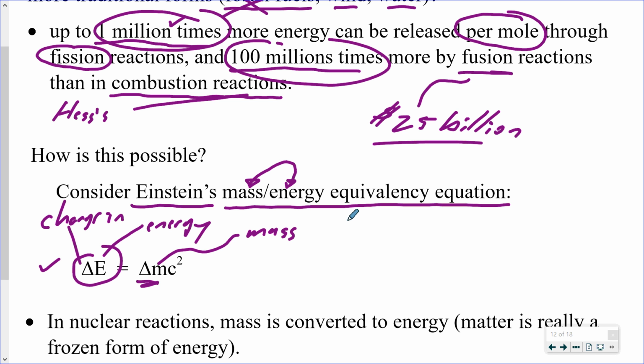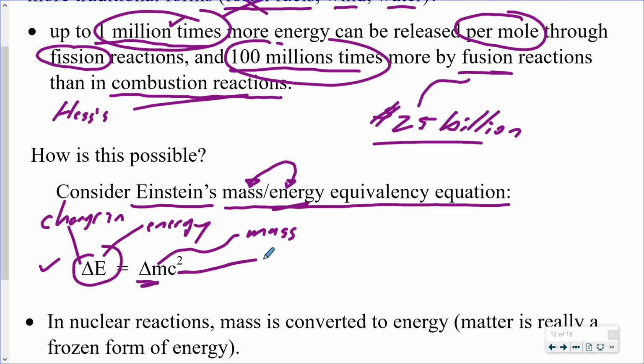So that change in mass, remember that we do have conservation of mass. In a chemical reaction, you have to conserve the amount of mass in the products compared to what you had in the reactants. In the case of nuclear reactions, that is not going to be the case. We can have a change in mass, and that change in mass is what is converted into the energy.